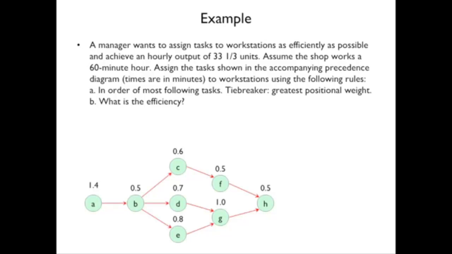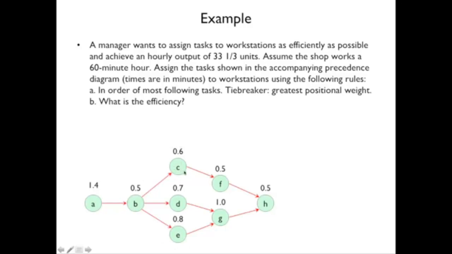Let's start with this. In the order of most following tasks, this one has the most following tasks of everybody behind it. This is the second most following tasks, and then these have a tie on the most following tasks.